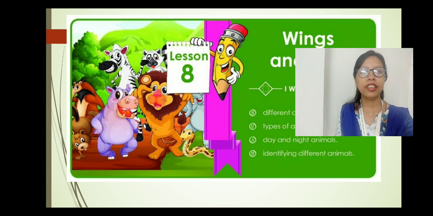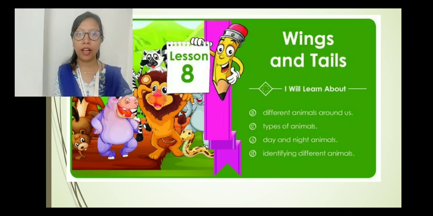So here is the first lesson from the part 2 book, which is lesson number 8, Wings and Tails. Wings and Tails tells us that we are going to talk about different types of animals. Now, what are the animals and how their shapes, colors, and so on, we are going to learn in this lesson.